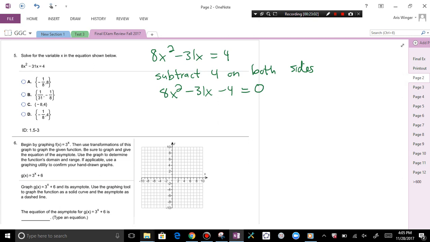We need to factor this. So we need to set up 2 sets of parentheses. This is hard. We need a -31 in the middle.